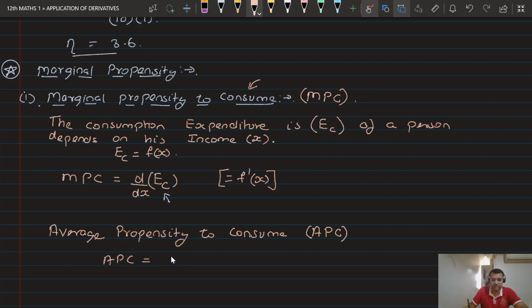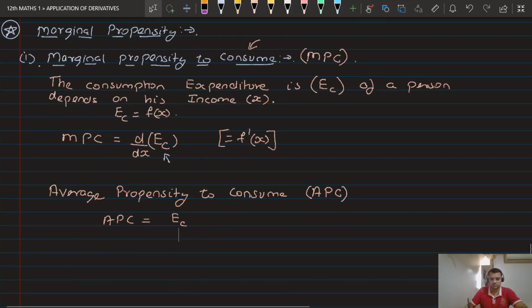So total over there is the expenditure divided by the income, which is X. So that is the first thing which is related to the consumption.